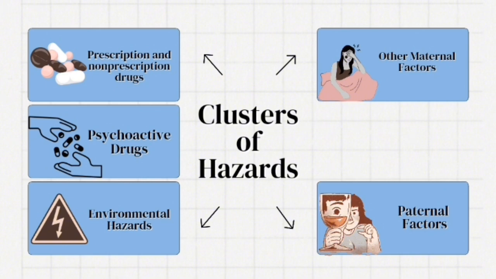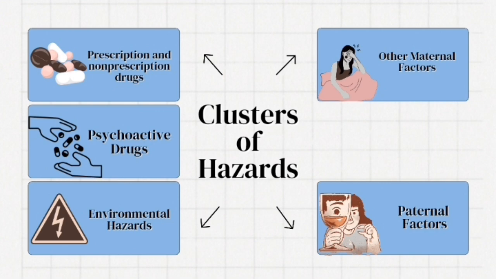X-rays can also harm the developing embryo, especially in the early weeks when pregnancy may not yet be known. Toxic waste like carbon monoxide, mercury, and lead can cause defects, as seen in cases where lead exposure affects mental development in children. Prolonged exposure to high temperatures, such as from saunas or hot tubs, can raise the mother's body temperature, potentially causing birth defects or fetal death.